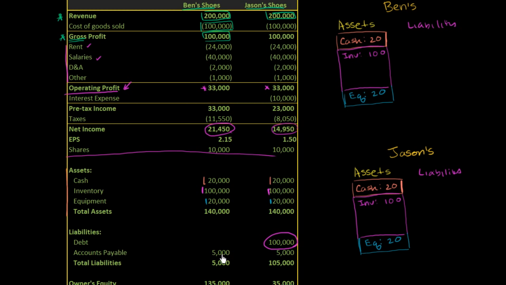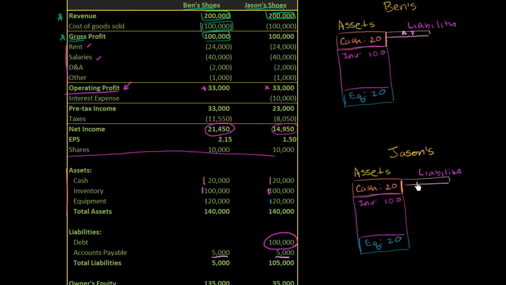Maybe the people they're buying shoes from let them delay paying for those shoe purchases by a few months or a few weeks or whatever. So they owe those vendors some money. They both have $5,000 in accounts payable. I'll try to do it proportional to the size. That right over there is the accounts payable, the $5,000. They both have that on the liability side.